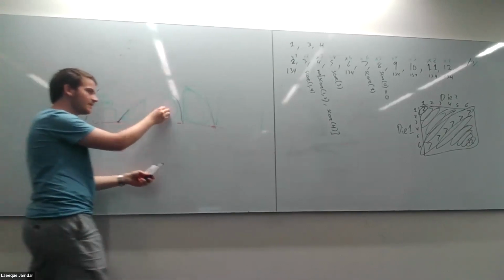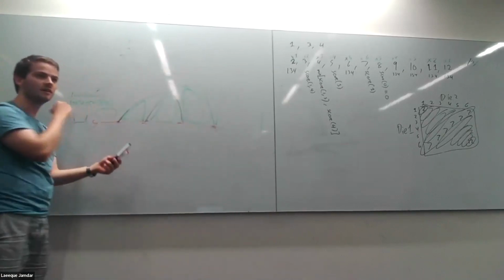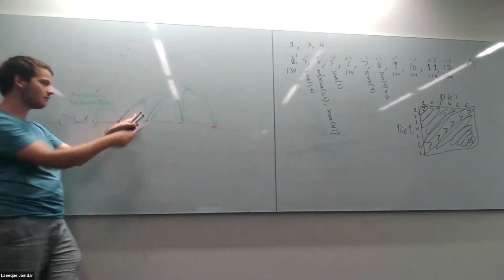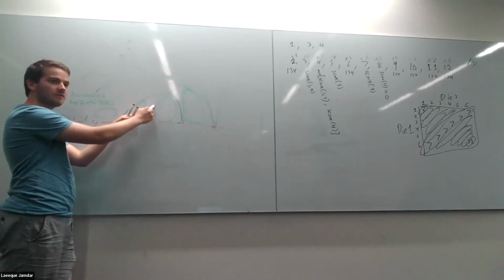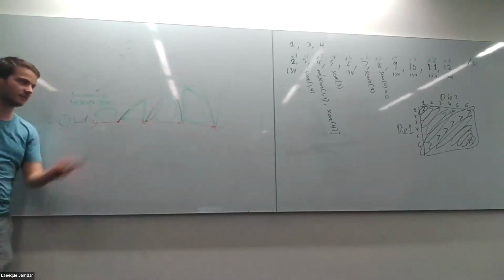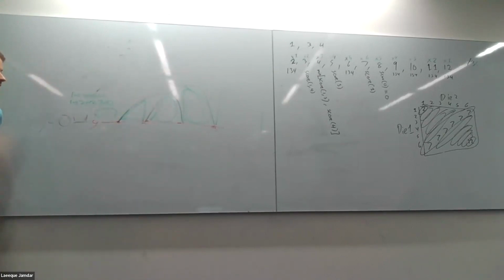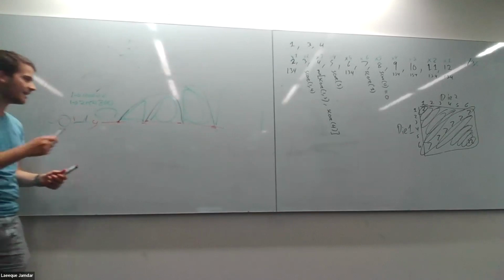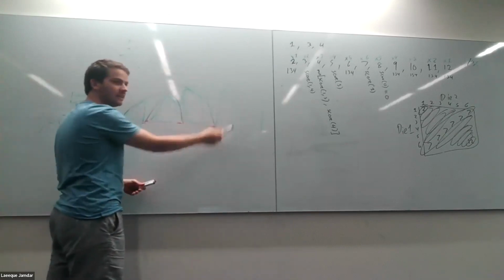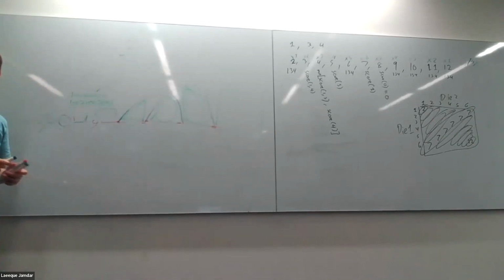Every other pair must be contained exactly within one of these regions. Because if we picked another pair of wires where one was in here, one was in here, then they'll intersect with this y here, for example. So if we pick one pair of wires, this limits all future pairs of wires to be contained within one of these regions.